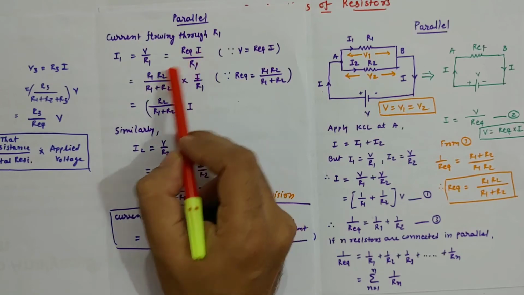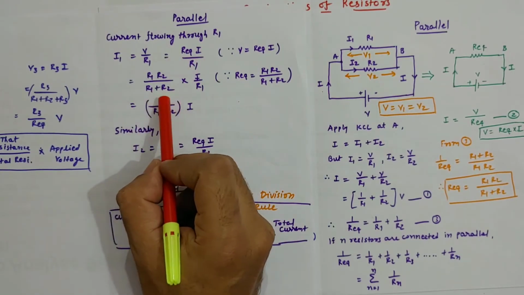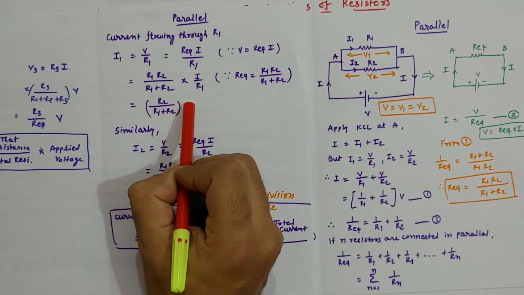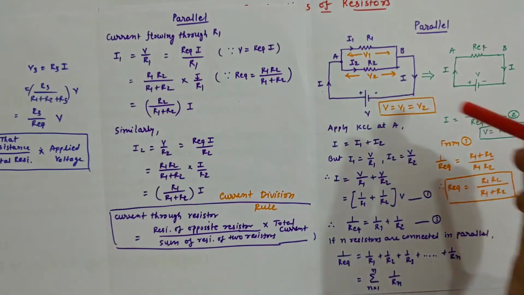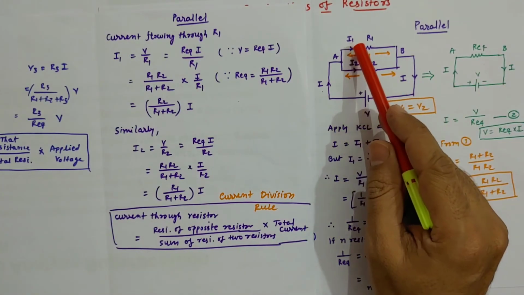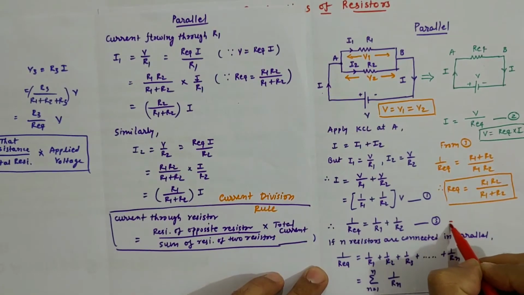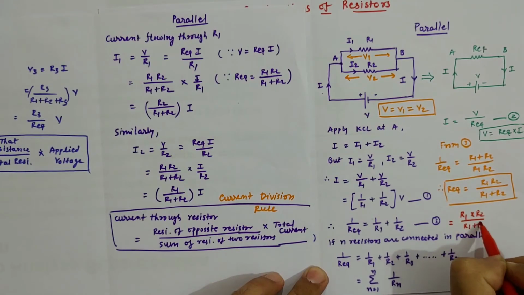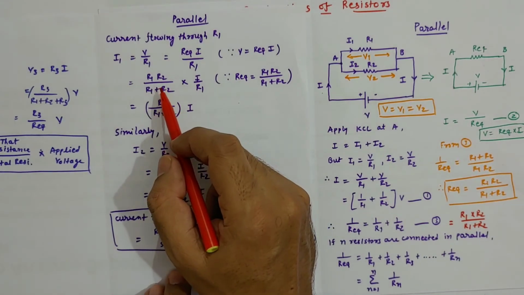So we have substituted the value of R equivalent and it is equal to R2 divided by R1 plus R2 multiplied by I. This is the value of I1 for this circuit. Here you can see that we can write this combination like this, R1 into R2 divided by R1 plus R2. So this value we have substituted here.